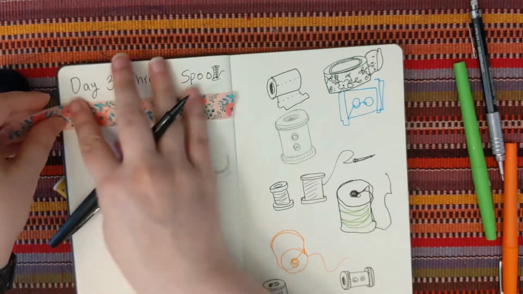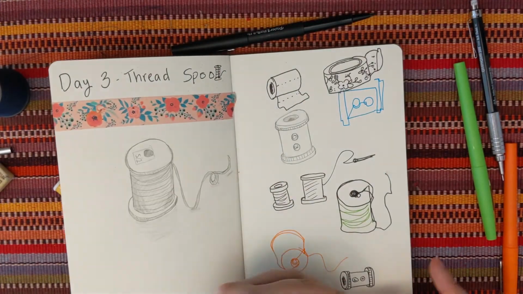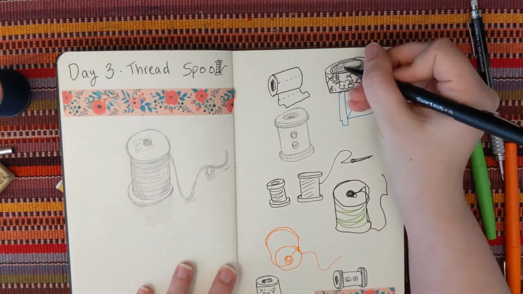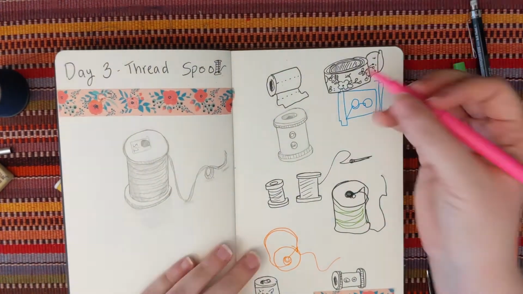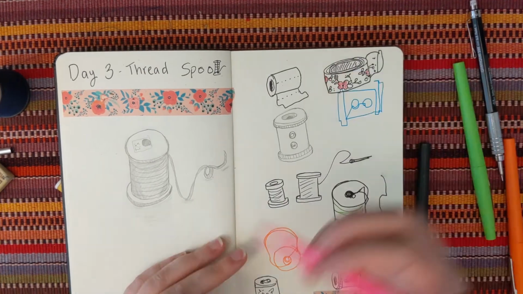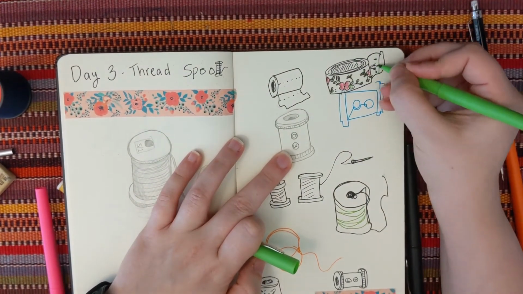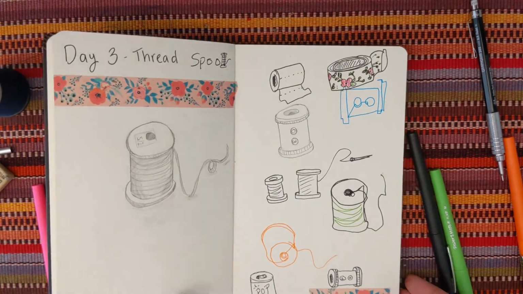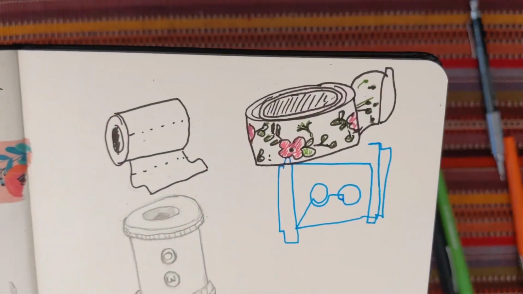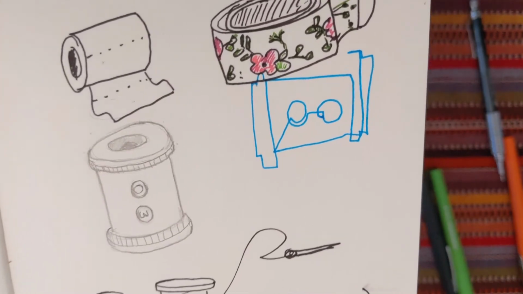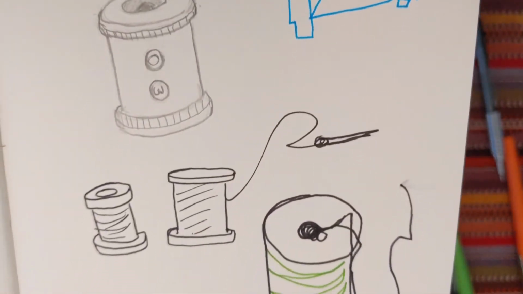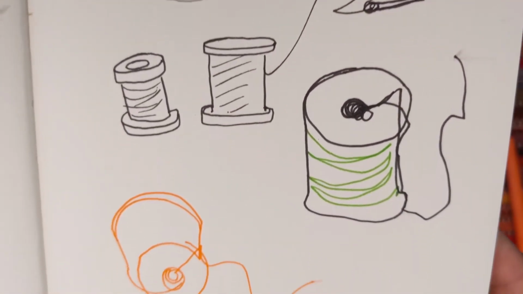And to just use what I had, I put some washi tape on the page and colored in my design. And that is my work for day 3. Had a lot of fun with this, and I hope you did too.